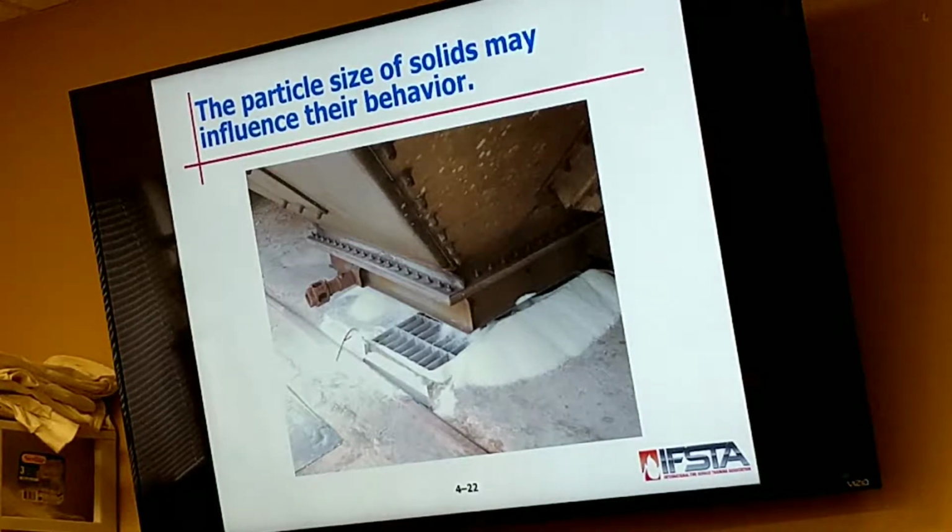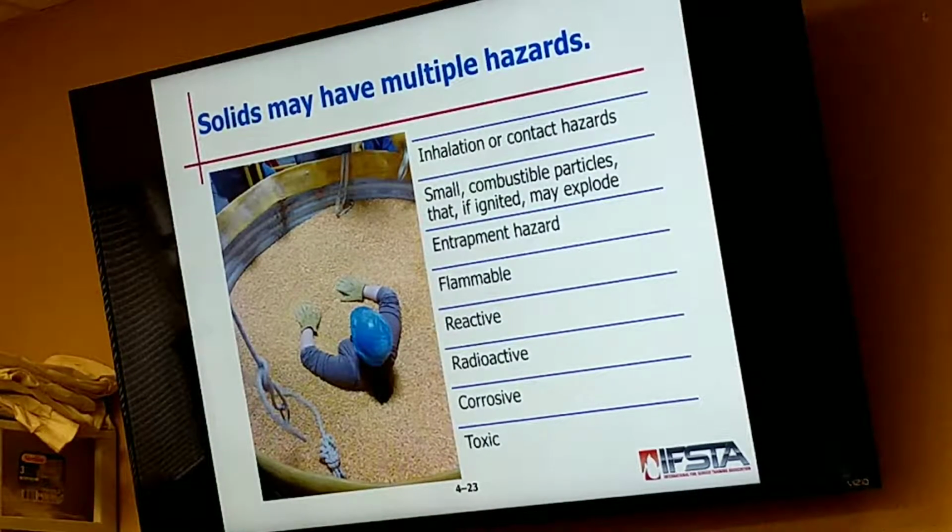Solids could have the following dangerous properties: inhalation or contact hazards, small combustible particles that can ignite or explode, and entrapment hazards. It could be flammable, reactive, radioactive, corrosive, toxic. Okay, there are multiple hazards for solids.